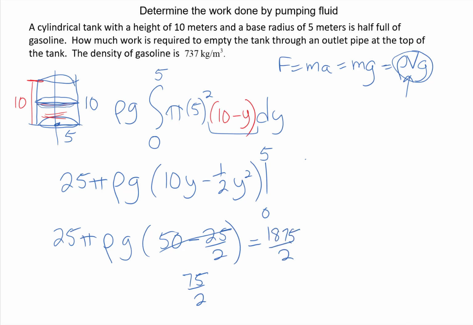1875, that's over 2. And then we'll still just put pi for now because we'll use the pi button on the calculator. And then our density that was given to us, that's 737. And then our g, because we are talking about things in meters, that's going to be 9.8. So now we can find the work done.